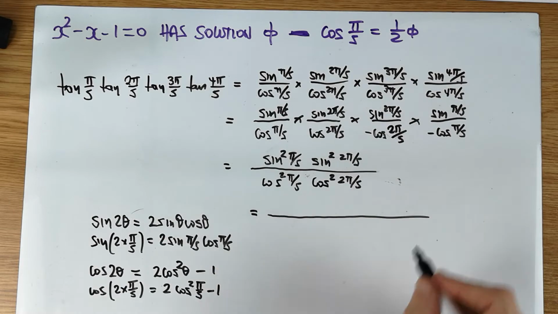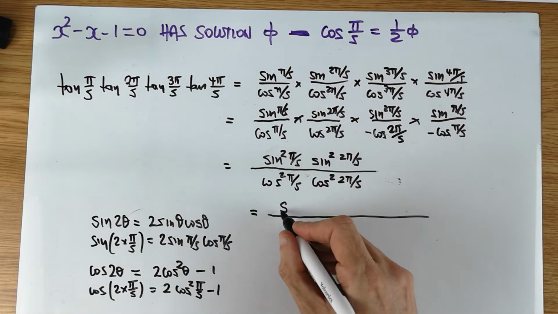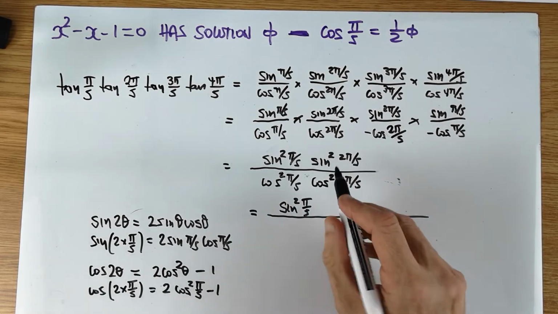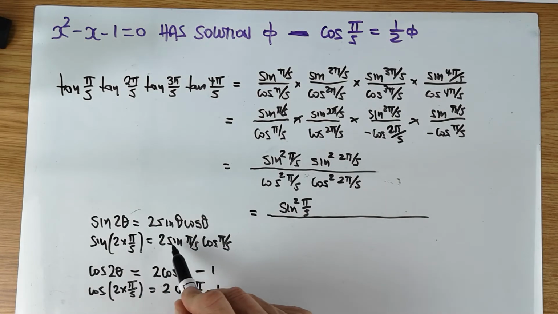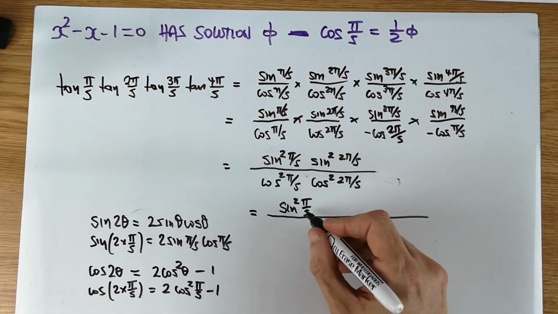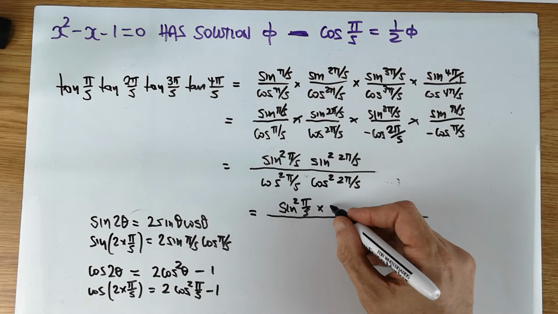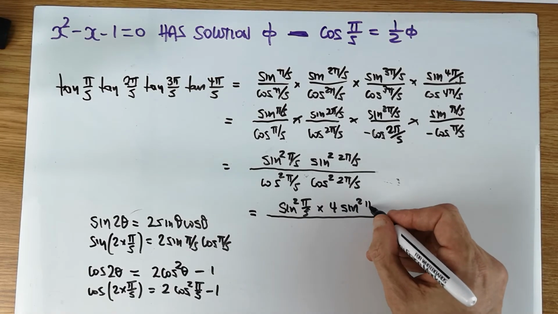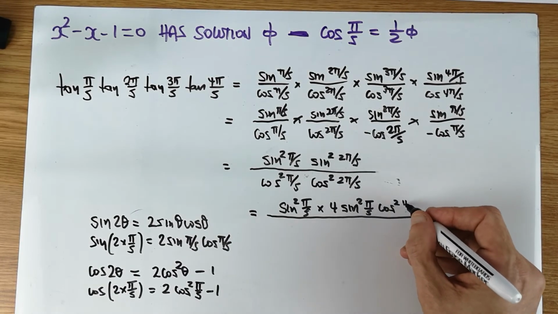So I have to be very careful there because there's a few squares and we must not make a mistake. So first of all, sine squared of pi over 5, just merely recopied. This is of course this quantity which is here, but let's not forget this is squared. So I need to square this expression. So it's going to be times 4 sine squared of pi over 5 cos squared of pi over 5.